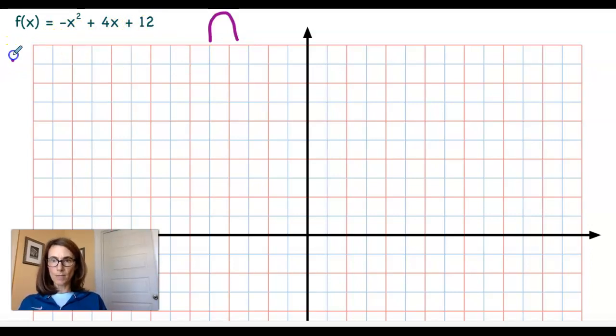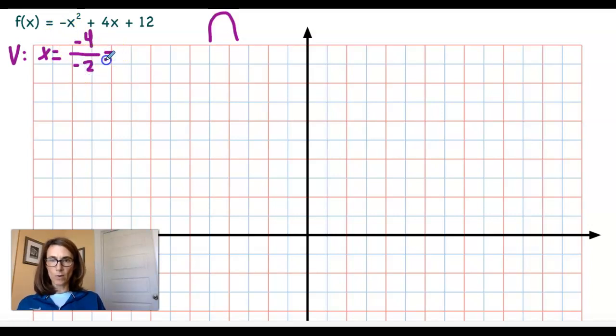Let's start by finding our vertex. Plugging in our values, the x value for our vertex is negative b, which is negative 4, over 2 times a. So 2 times negative 1 is negative 2.